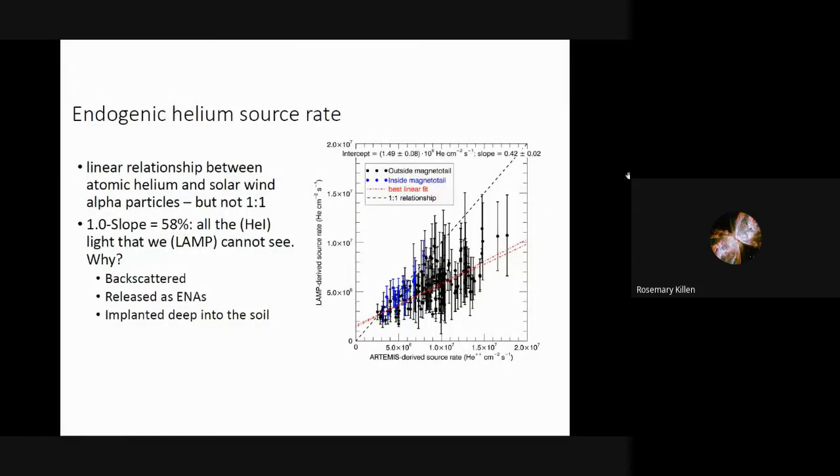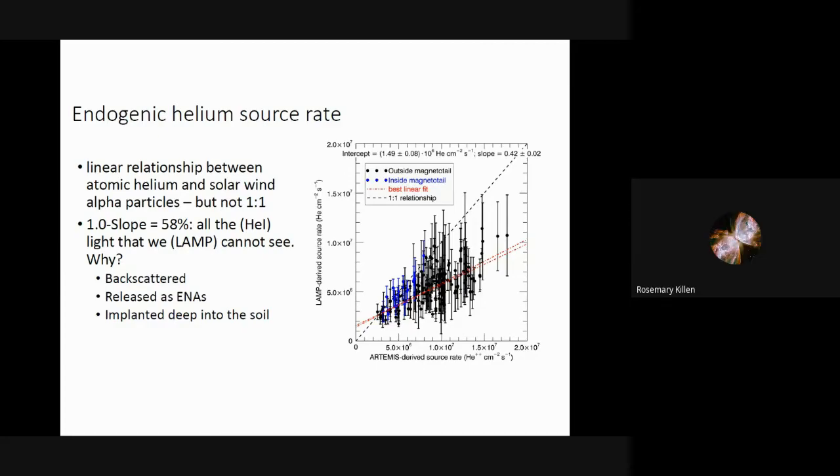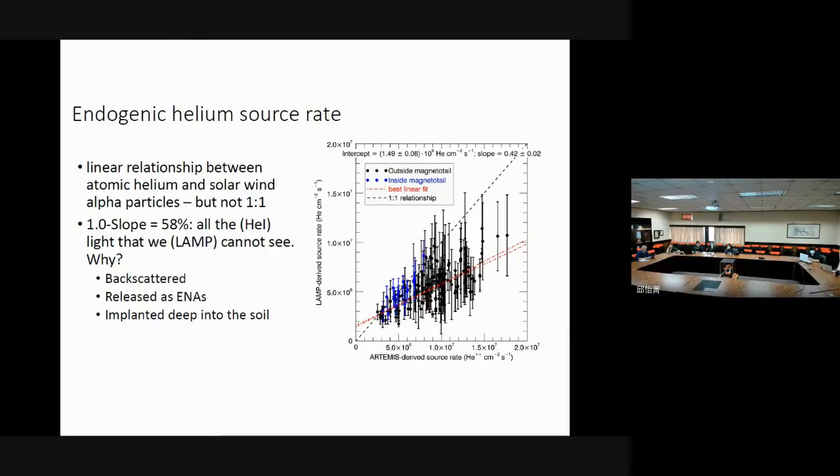Okay, what this is showing is how they determine how much of the argon is due to argon-40 and how much is due to argon-36 by doing a best fit. Inside the magnetotail is where you don't see any species derived from the solar wind.